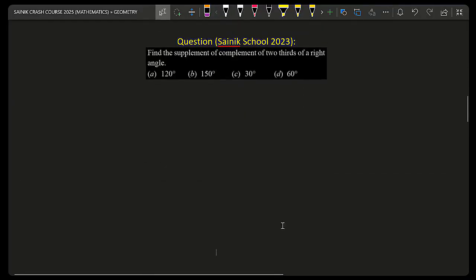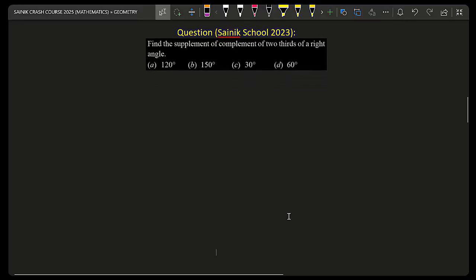Next question, again from the 2023 exam. Find the supplement of the complement of 2/3 of a right angle. Who will answer this? Sriyash, read the question. Find the supplement of the complement of 2/3 of a right angle. Let's go from right to left.